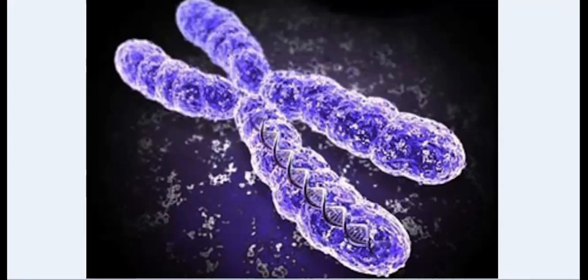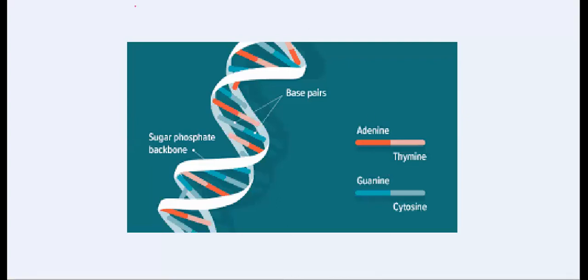Now let us know what chromatin is and what it is made up of. The chromatin is made up of two substances, named DNA and histones.